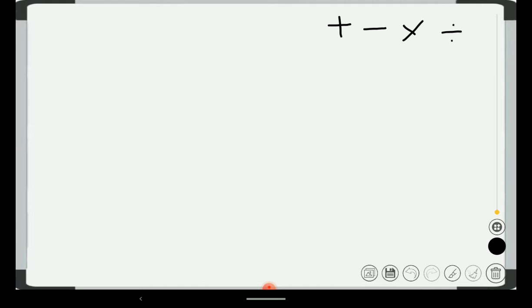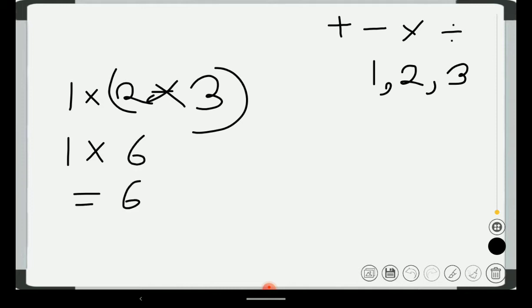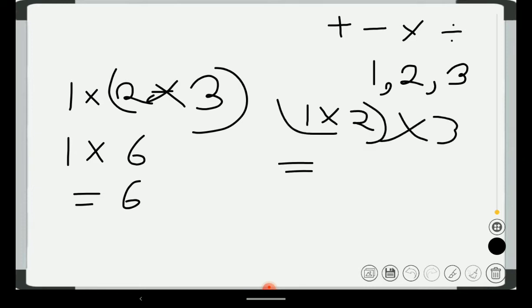Multiplication says 1 into (2 into 3), which is 1 into 6, which is equal to 6, and (1 into 2) into 3 is equal to 2 into 3, which is equal to 6. So multiplication follows the associative property.